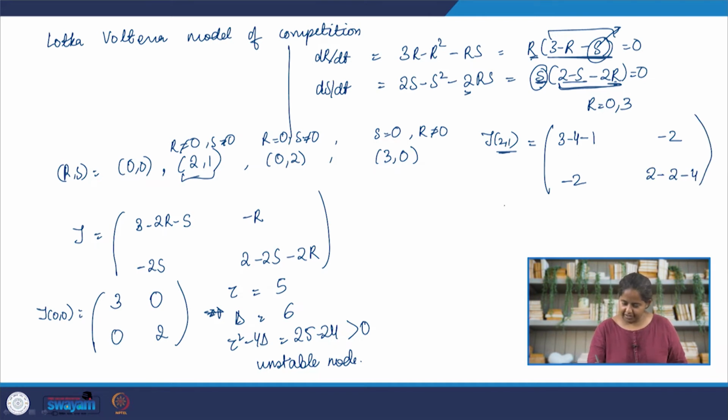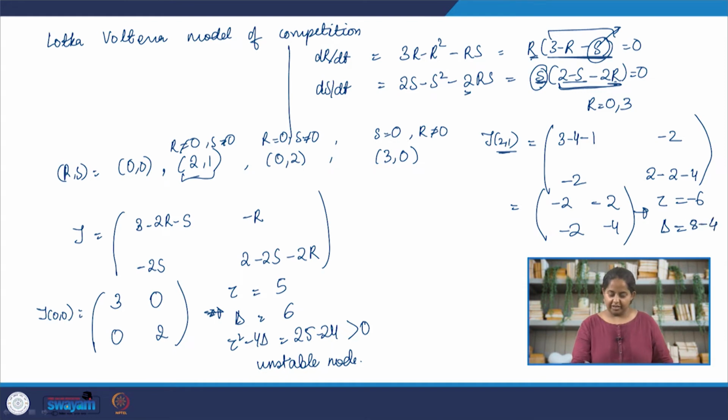Okay, and we get, alrighty. In this case, tau is minus 6 and our delta is going to be 8 minus 2 into minus 2, which is plus 4, which is bigger than 0. So tau is negative and delta is positive.